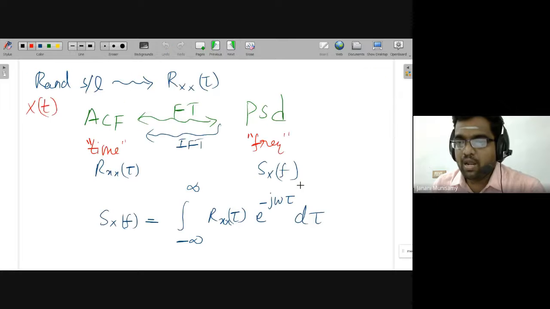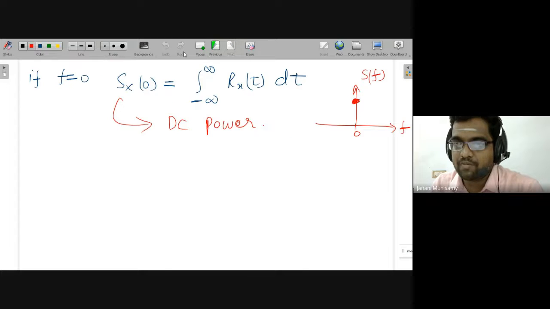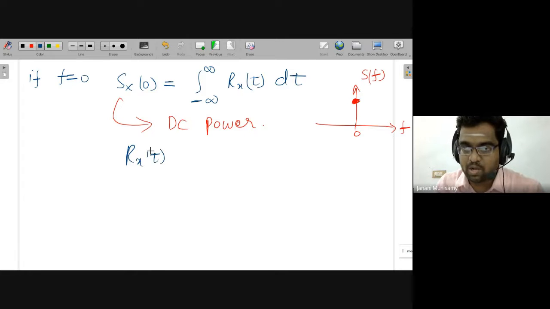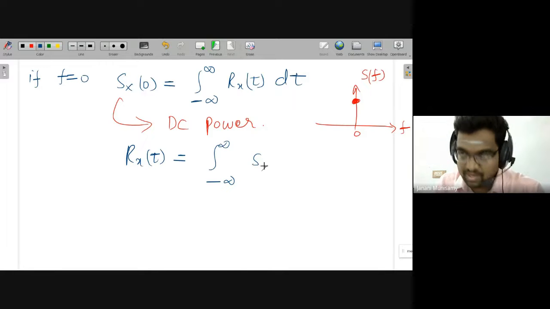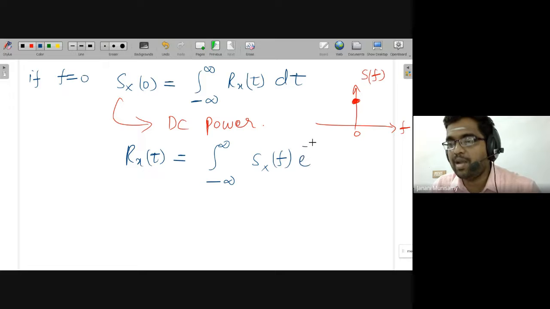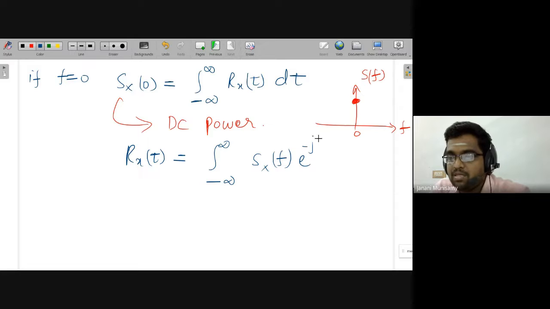Then if you write the inverse Fourier transform formula, that means once you know the power spectral density, you can calculate what is the autocorrelation function. That we can write like this. Say I want to calculate Rx of tau. I already know what is Sx of f. Sx of f, then e power, instead of minus, usually we put minus in the forward. In the reverse, we have to put plus.